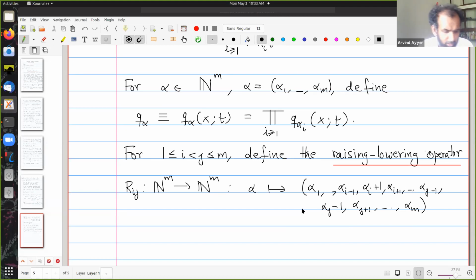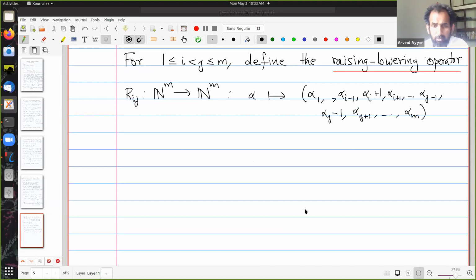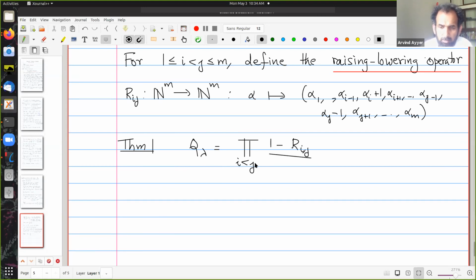Okay. So Macdonald's theorem. Another theorem. So q lambda is the product over i less than j of 1 minus R_ij divided by 1 minus t R_ij, acting on q alpha.